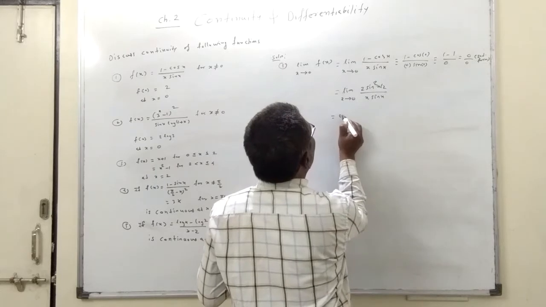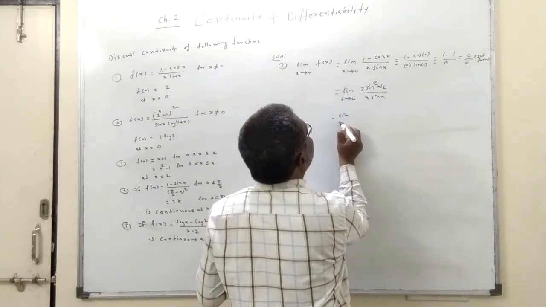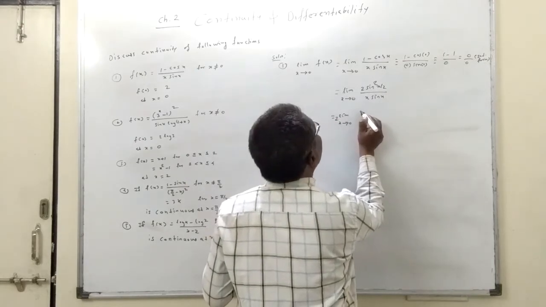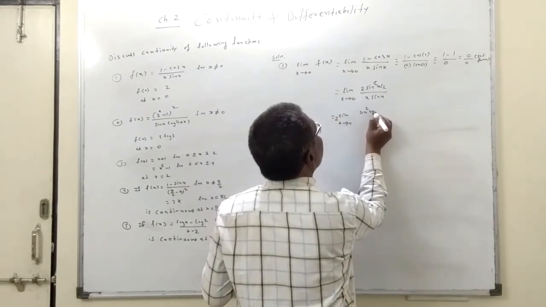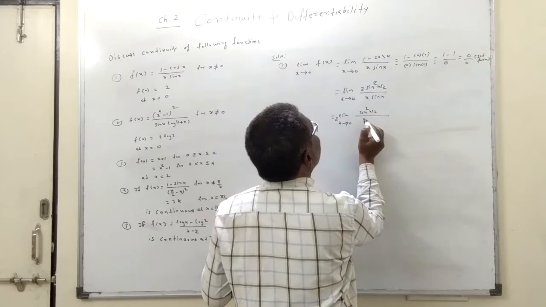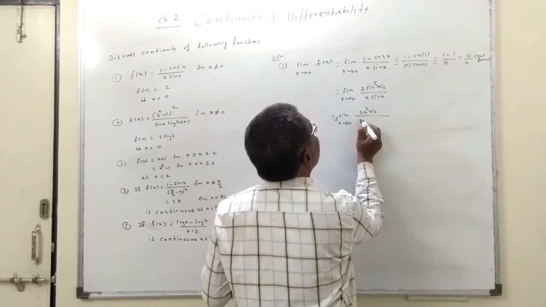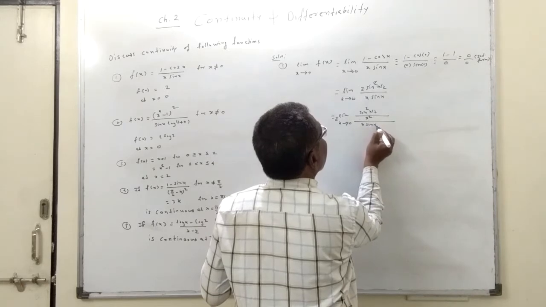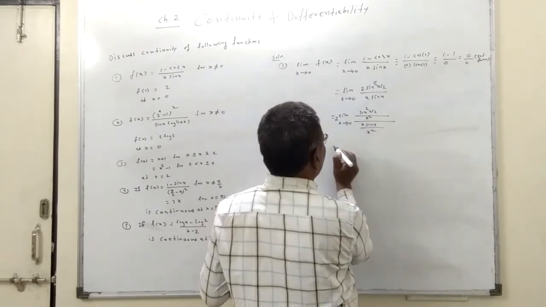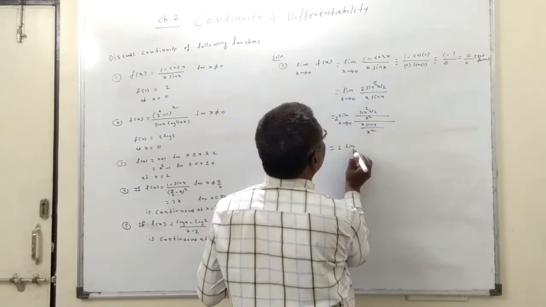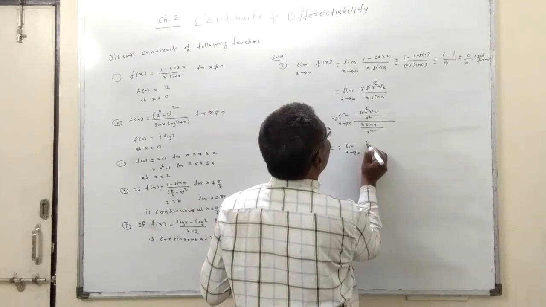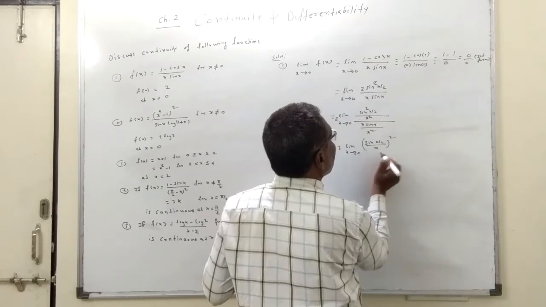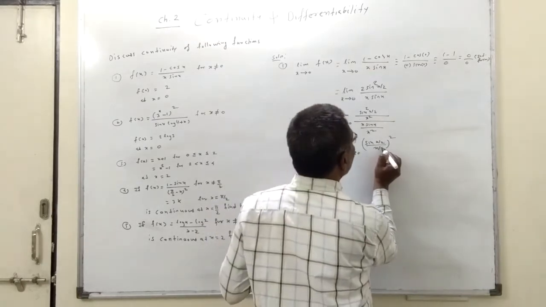So that is equal to limit x tends to 0, taking the constant 2 outside, of sin square x by 2 divided by x square, divided by x sin x divided by x square. So that is equal to 2 limit x tends to 0 of sin x by 2 divided by x square. Now here the angle is x by 2, so x by 2 is required in the denominator also.